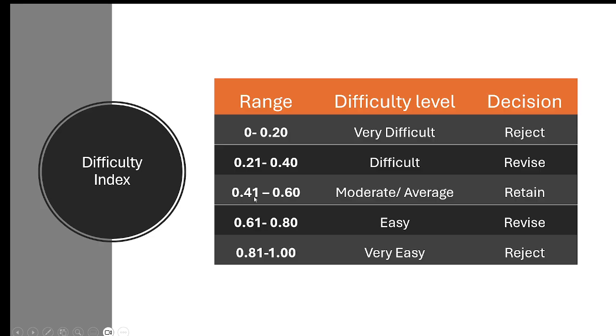If it lies between 0.41 to 0.60, the item is considered as moderate or average. If it lies between 0.61 to 0.80, the item or the question is considered as easy. And if it is 0.81 to 1.00, then the item is considered as very easy.